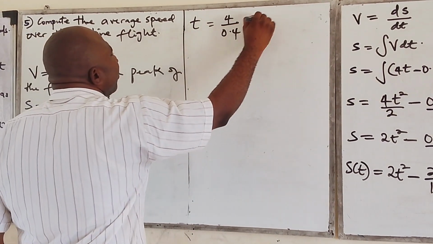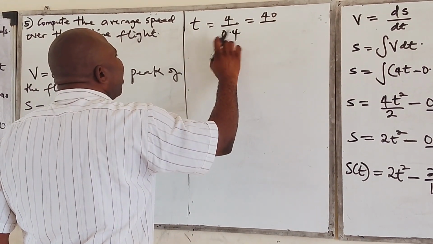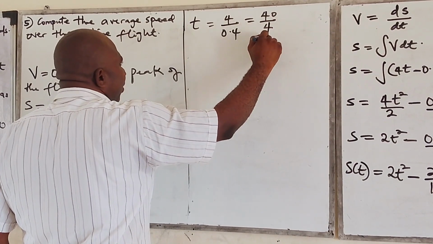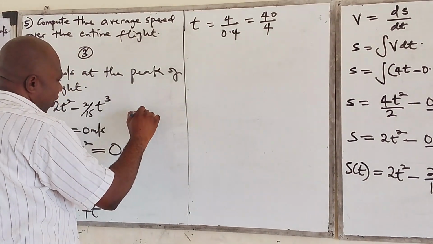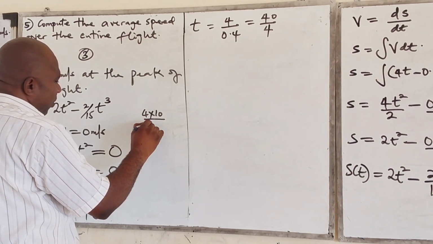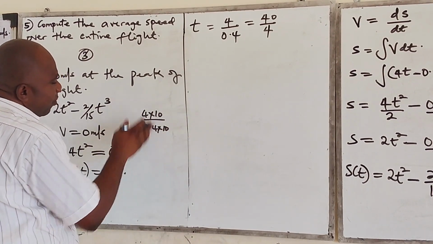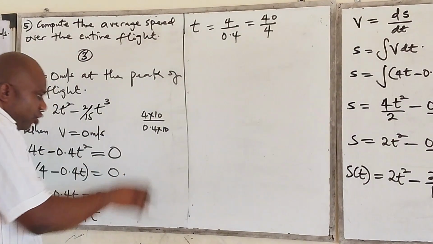That will give us 40 all over 4, because what we did here is 4 times 10 divided by 0.4 times 10. This is like saying you're multiplying both numerator and denominator by the same number, which is like multiplying by 1.